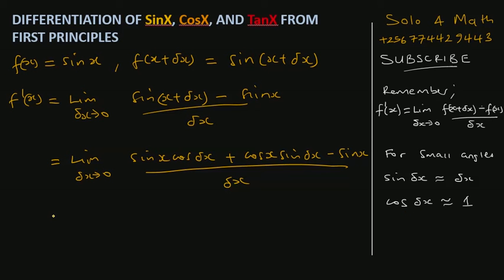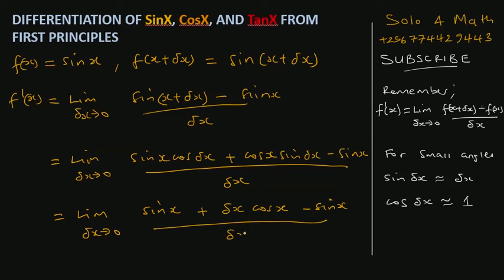So taking that, we can rewrite this as a limit as dx tends to 0 of, this one is a 1, so we remain with sine x here, then plus cos x times sine dx, we said it is approximated to dx, that very small angle, then there is a cos x here, then minus this, over a small change in x.